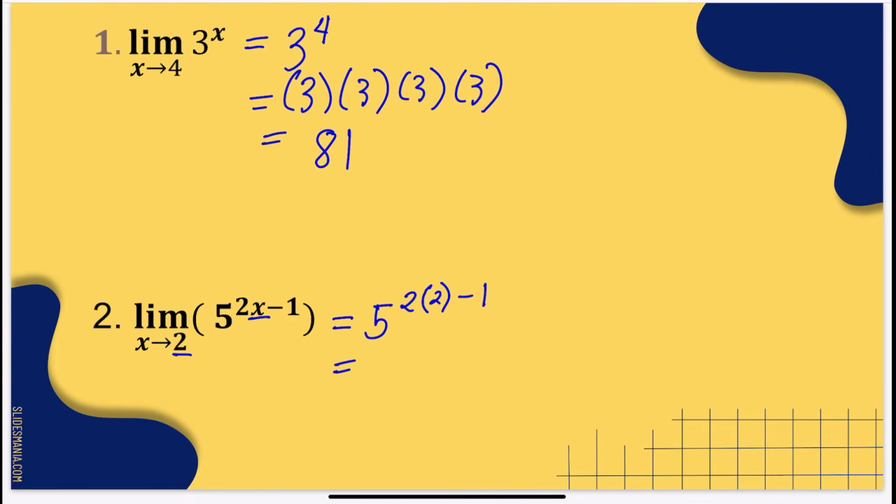Then simplify the exponent. 2 times 2, that is 4. 4 minus 1 is equal to 3. 5 raised to 3, that is equivalent to 125, because 5 raised to 3 is equivalent to 5 times 5 times 5. 5 cubed is equivalent to 125. So the limit of 5 raised to 2x minus 1 as x approaches 2 is equal to 125.